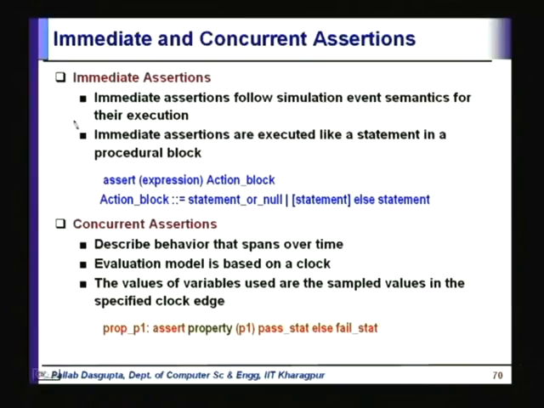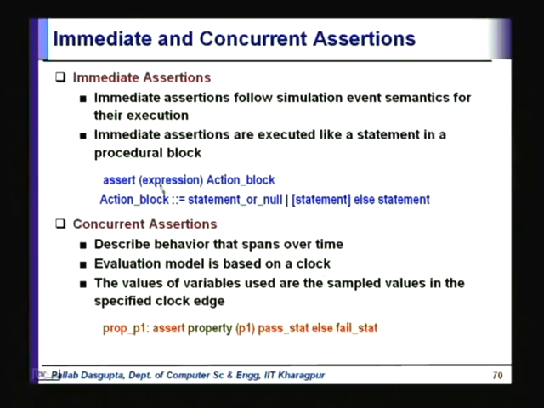They follow the simulation event semantics for their execution. Whenever they are scheduled as per the simulation semantics of SystemVerilog, they are executed like a statement in a procedural block. You can write an assert with some expression and an action block, and the action block is executed whenever the expression is matched. It is as simple as that.